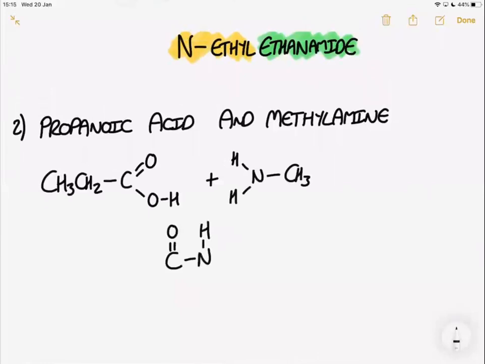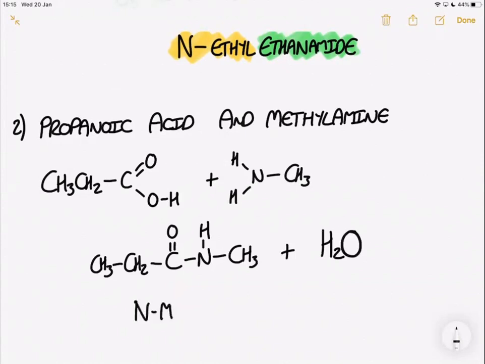Okay, so from the carbonyl, I'm going to go back and add the stuff that was in the carboxylic acid. Then from the nitrogen, I'm going to add the stuff that was in the amine. And then I'm going to put water. So this is still an N-substituted amide. This time it's N-methyl propanamide.